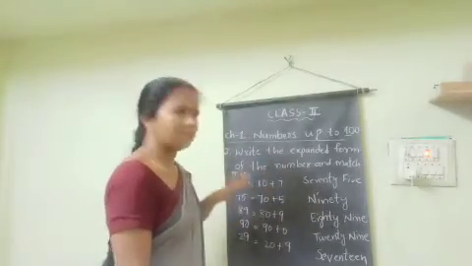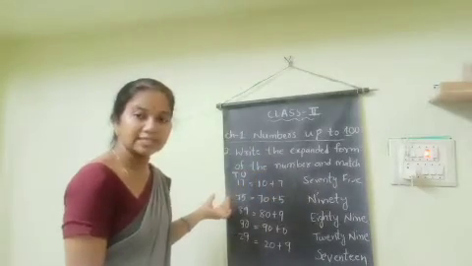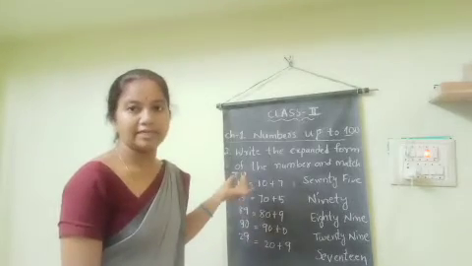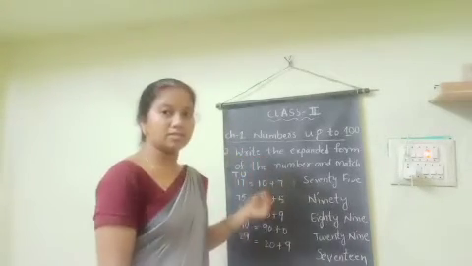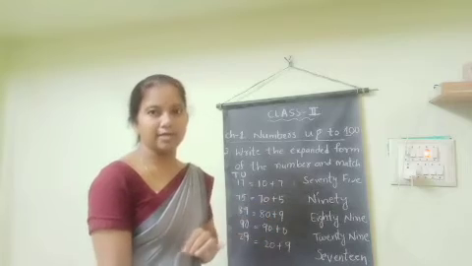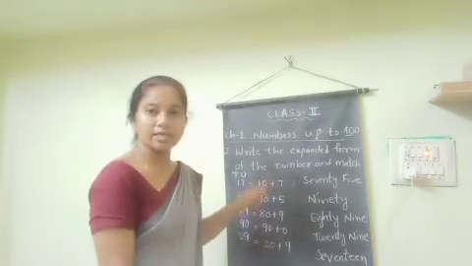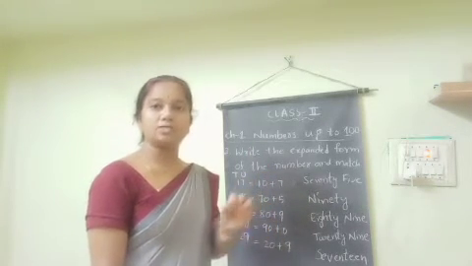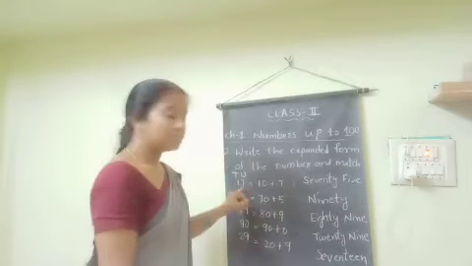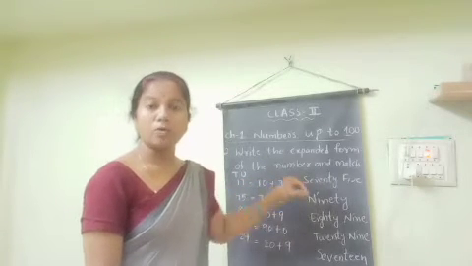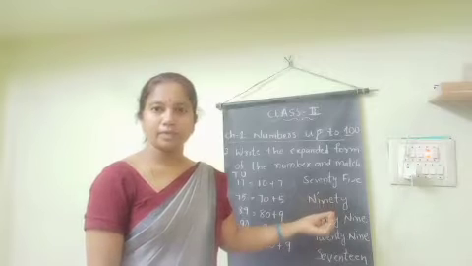So 10 plus 7 means what? How to spell this 17? It is seventeen. Most of the children have confusion between 70 and 17. So 17 is seventeen, 70 is seventy. Then how to spell 17?